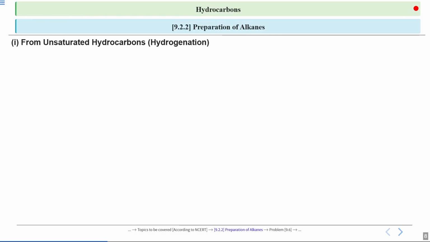Continuing with the preparation of alkanes from unsaturated hydrocarbons, let us now begin by understanding the mechanism of hydrogenation. Metals like platinum, palladium and nickel play a crucial role here. They adsorb hydrogen gas on their surface, which weakens the hydrogen-hydrogen bond. So this is an essential step because it prepares the hydrogen for the next stage of the reaction.